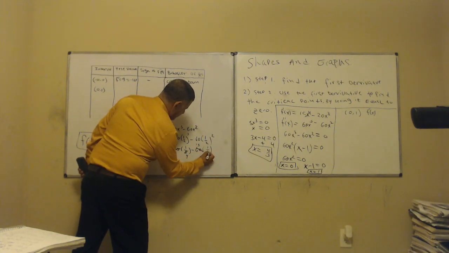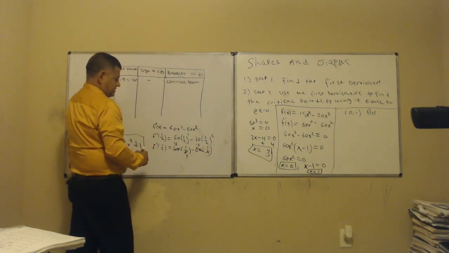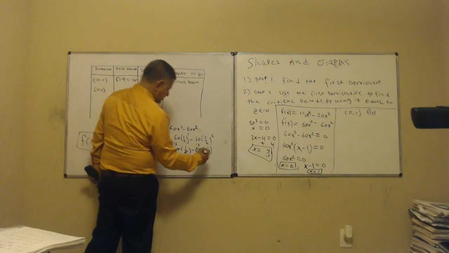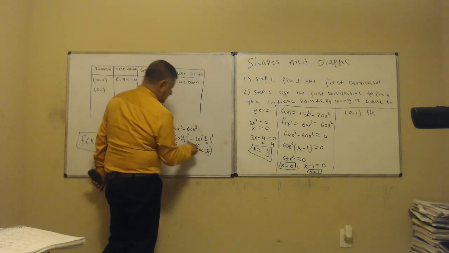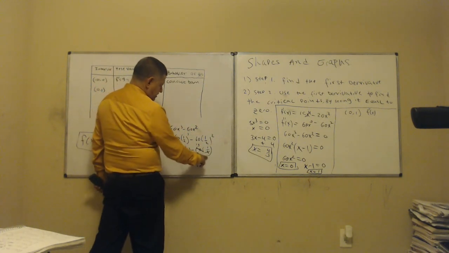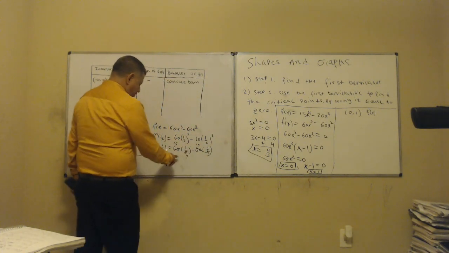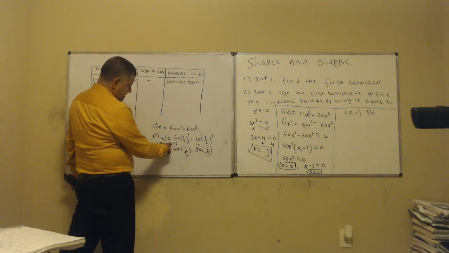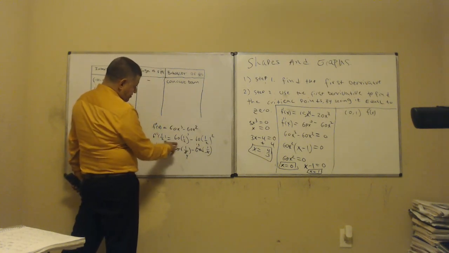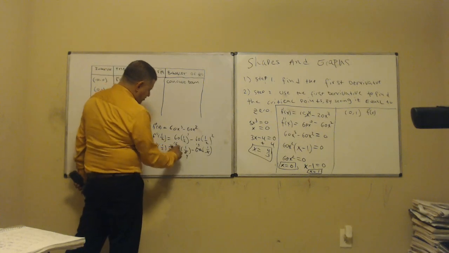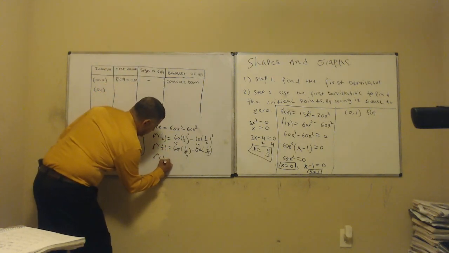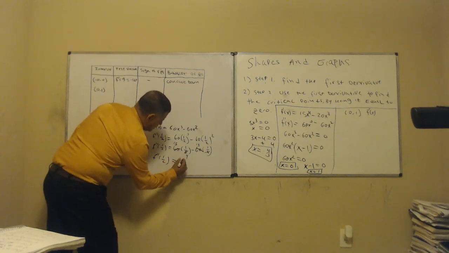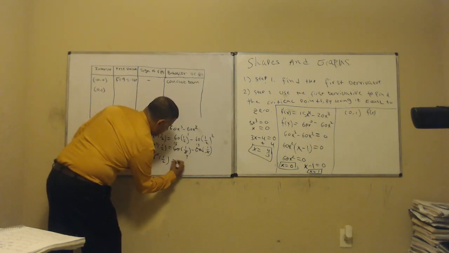Cancel this guy by what? 4. Then I got 15. But over here, I got 1/4, right? So then I get f double prime of 1/2, so I get 1/4.